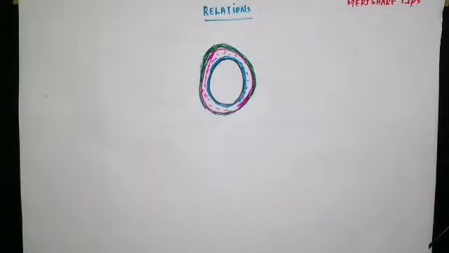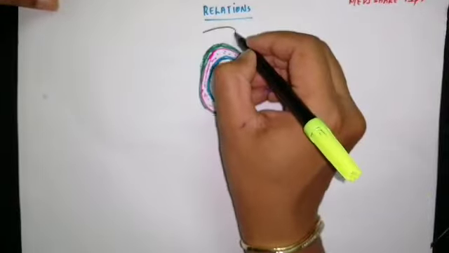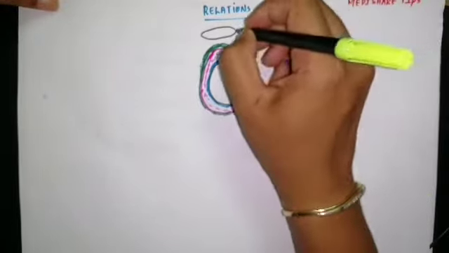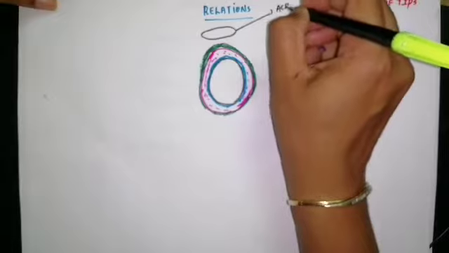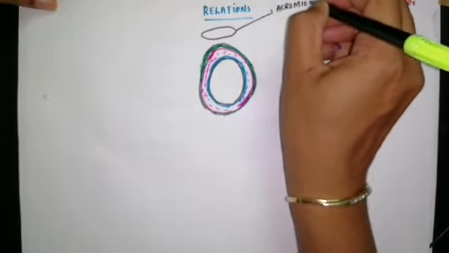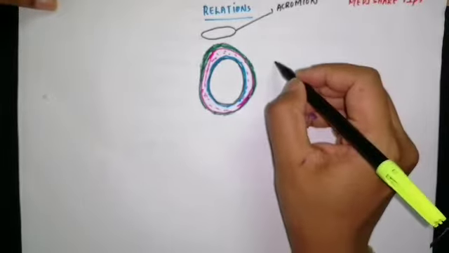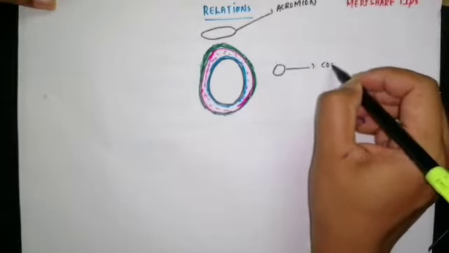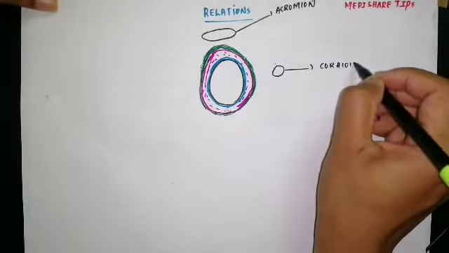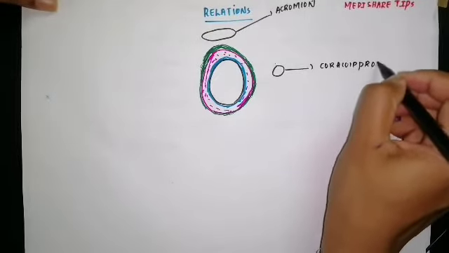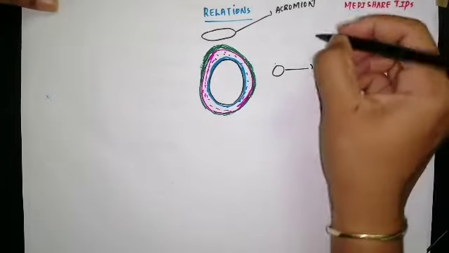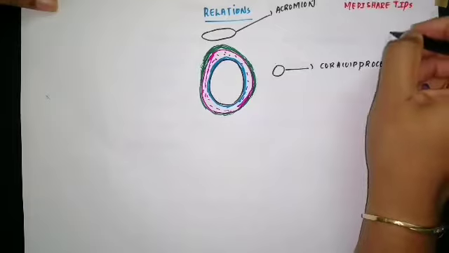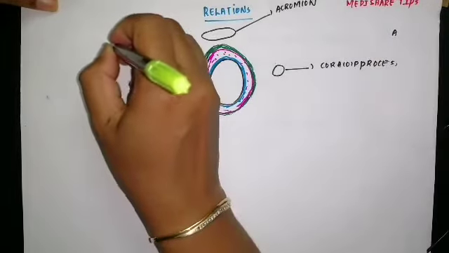And here is the acromion. This is the acromion, and this is the coracoid process. This is the coracoid process. So this is the anterior aspect mentioned as A. This is the posterior aspect.